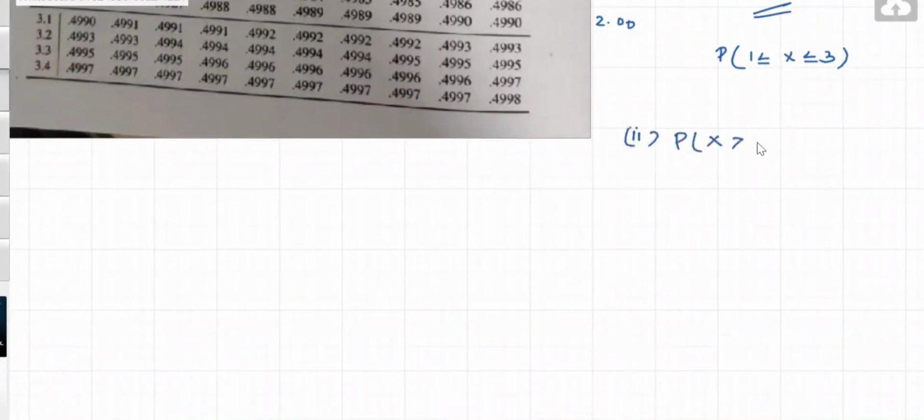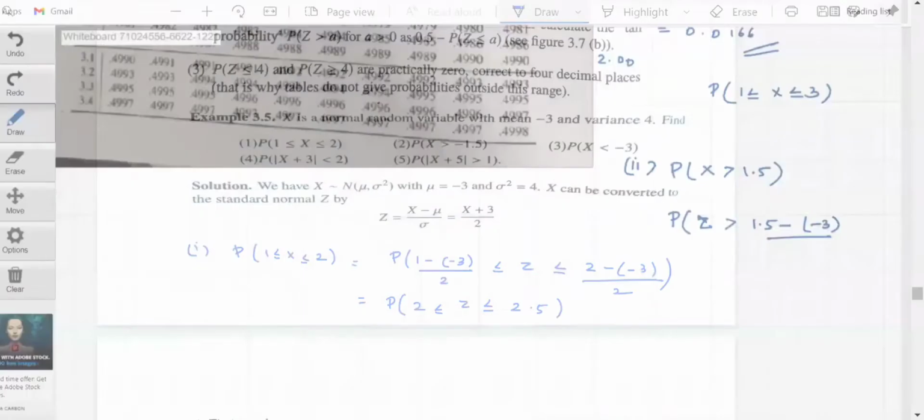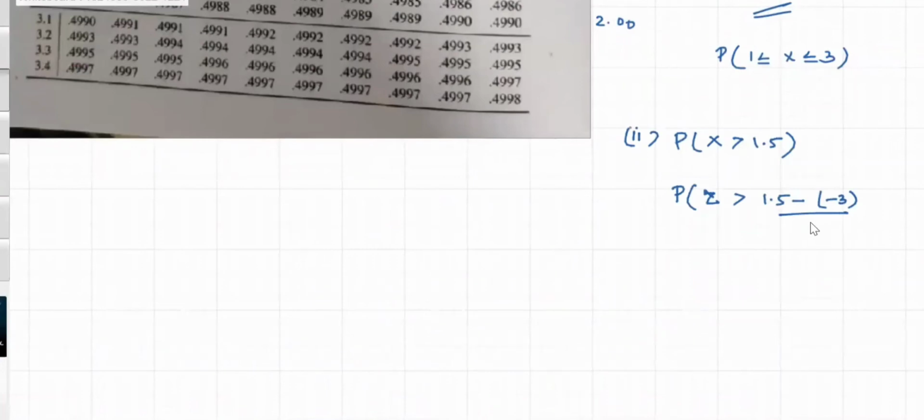X greater than 1.5. So the first step is to convert the variable x to the standard normal variable z by replacing x by x minus mu by sigma. With mean minus 3 and variance 4, sigma is 2.